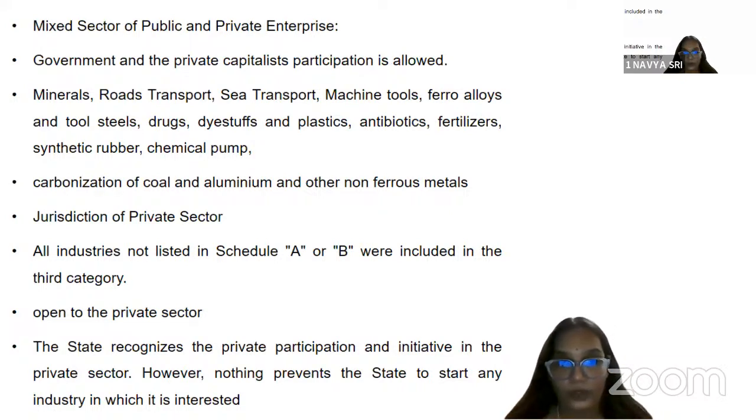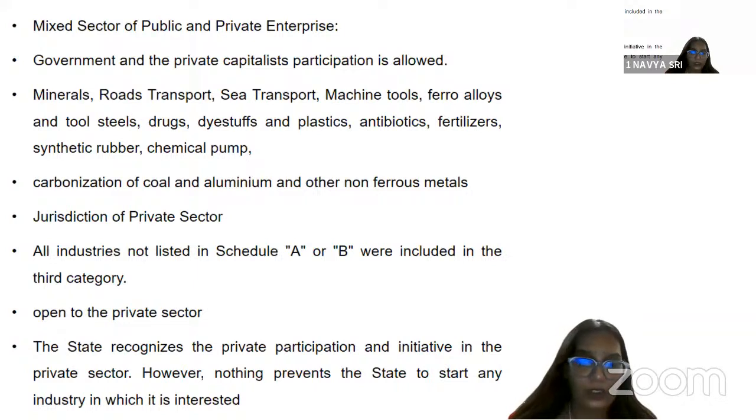Now let us talk about the jurisdiction of the private sector. So all industries not listed in Schedule A and Schedule B are included in the third category. Who is this third category? They are open for the private sector, and the state recognizes the private participation and initiative of these private sectors.